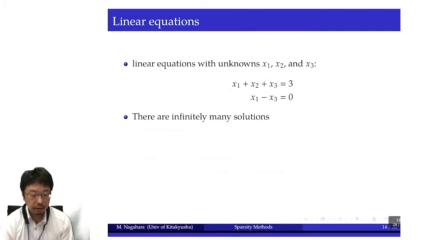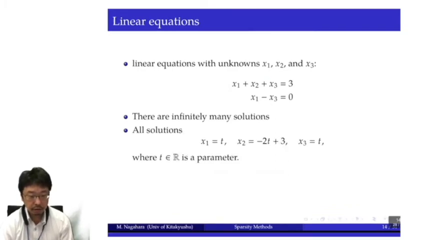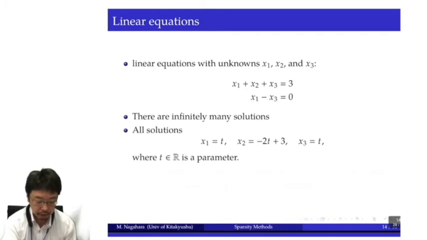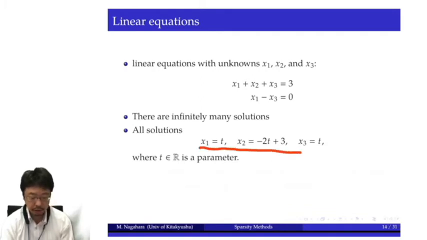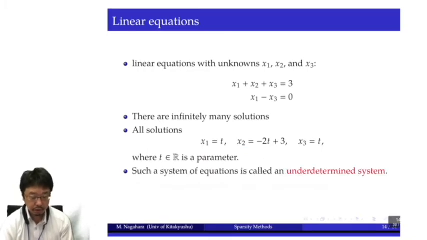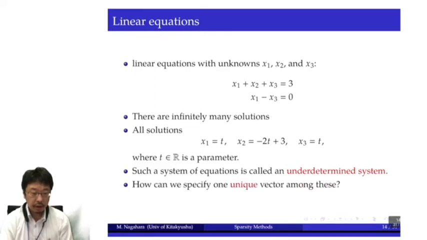Actually, all solutions are described by this with real parameter t. Such system of equations is called an underdetermined system. The problem here is how can we specify one unique vector among these solutions?